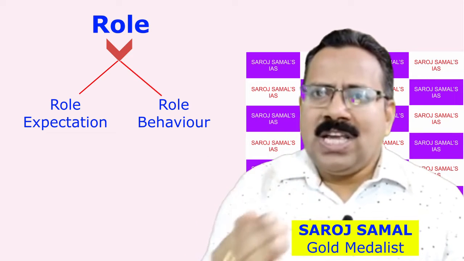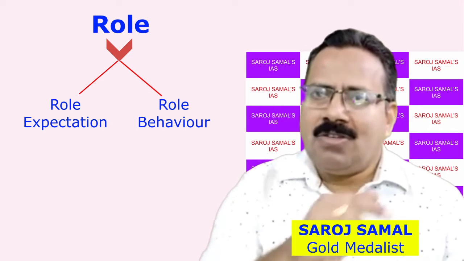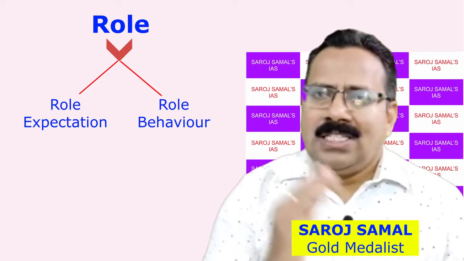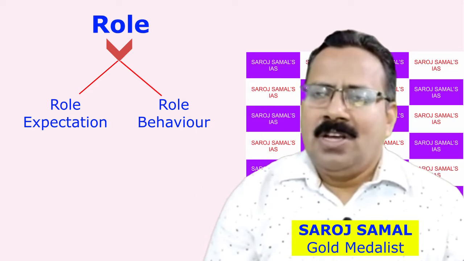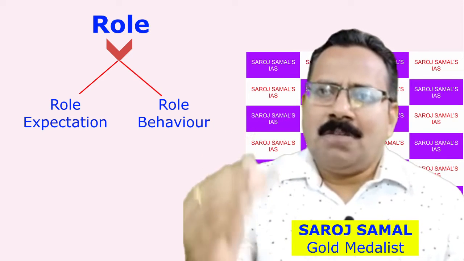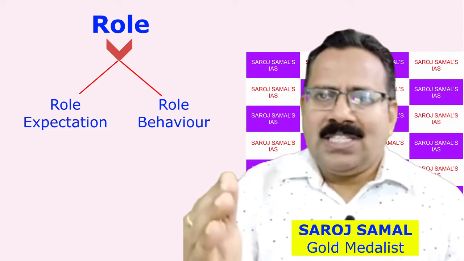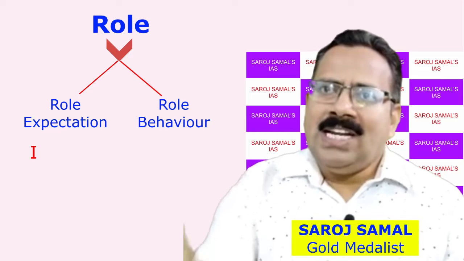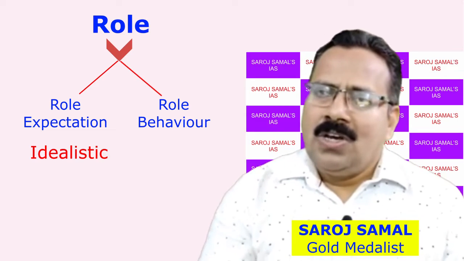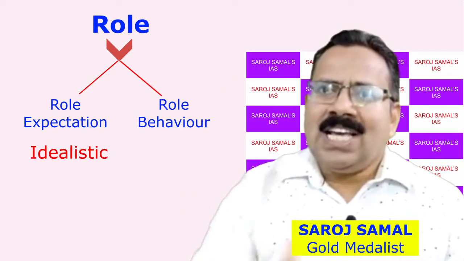So, how the society expects a person to behave, that is called role expectation. Second is role behavior. Role behavior means actually how the person behaves in society. So role expectation refers to the idealistic aspect. Role behavior refers to the practical aspect.